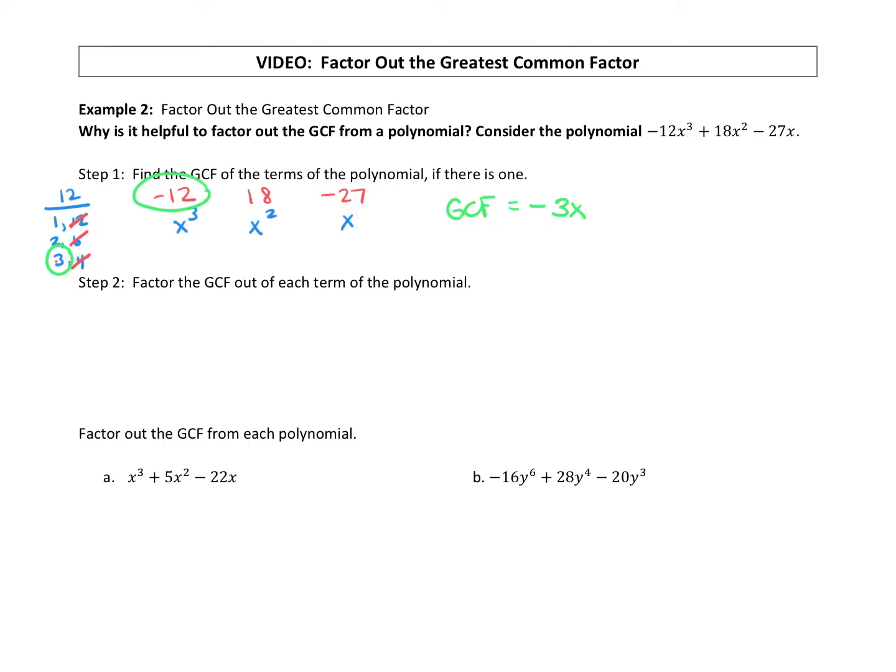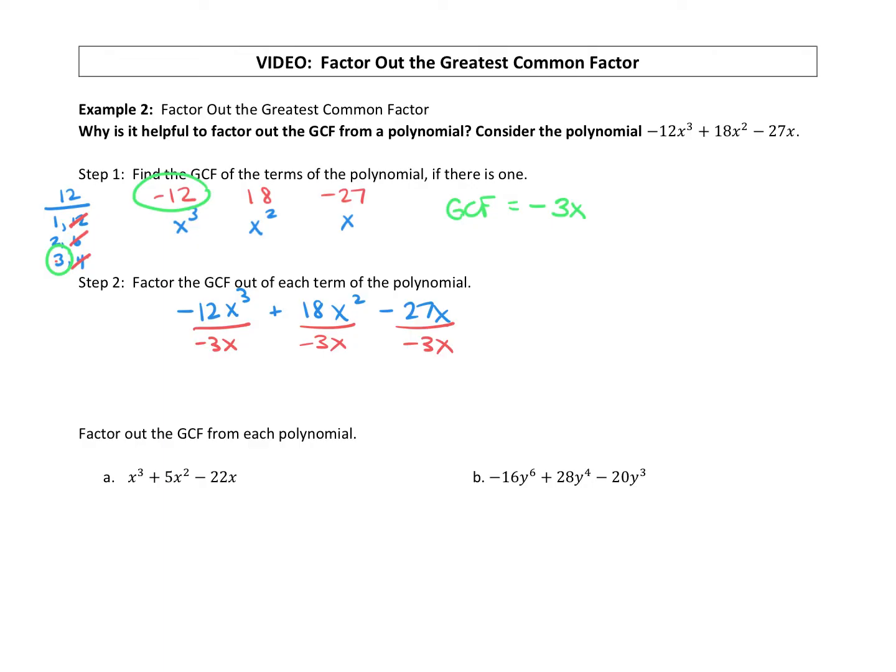Now we're going to factor it out of each term of the polynomial. So let's rewrite the polynomial: negative 12x to the third plus 18x squared minus 27x. When we say factor out, we're going to divide out a negative 3x, and we're going to divide that out of every term. This is factoring it out of the entire polynomial.